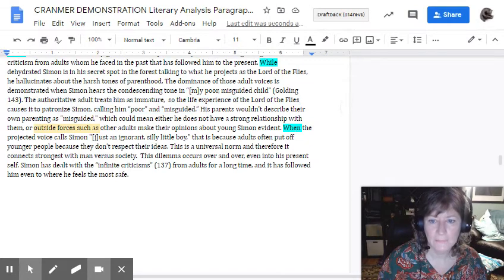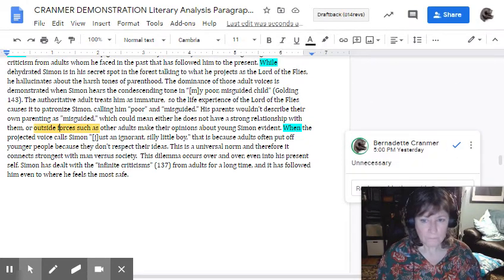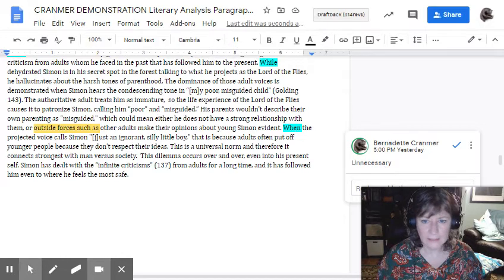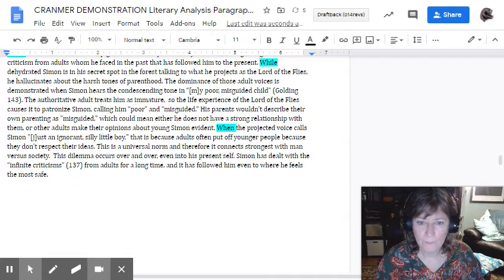All right, that's fixed. Well, let's look at this. We've got "outside forces such as." Well, anytime you have "such as," you probably have unnecessary words. This is unnecessary. So if we kill this whole phrase, will our sentence make sense? Let's see.